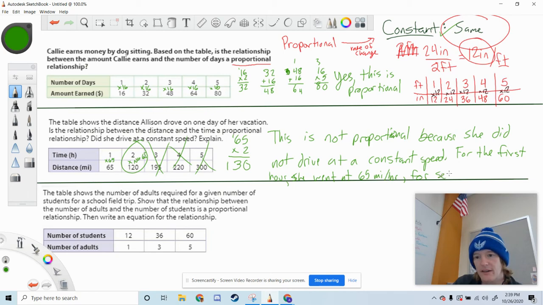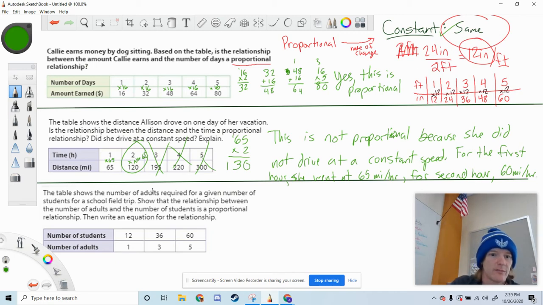For the second hour, she goes, well, 2 times 60 would be 120, so 60 miles per hour. And I don't even care about the rest. I'm not even going to look at them because I've proven it in the first 2 already. So this one's done.